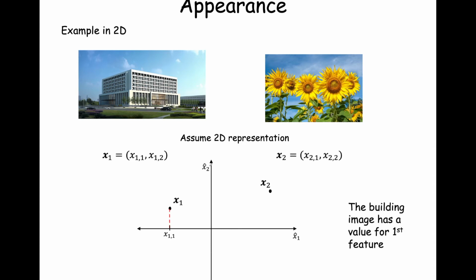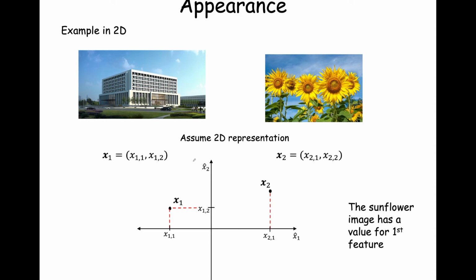Now if we take a look at the projection of x1, that first feature vector, along the horizontal axis, that projection is going to be the first feature value, x11. Likewise, if we project it along the second axis, the x2 hat direction, that projection of x1 is going to be our second feature, x12.